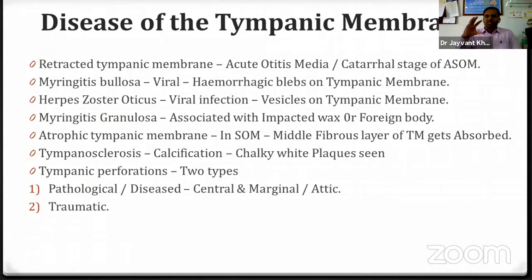Total perforation means a central perforation which is small in size, and most of the circle is covered by tympanic membrane. In subtotal perforation, a big hole is there, and only a small part of the tympanic membrane is left intact.